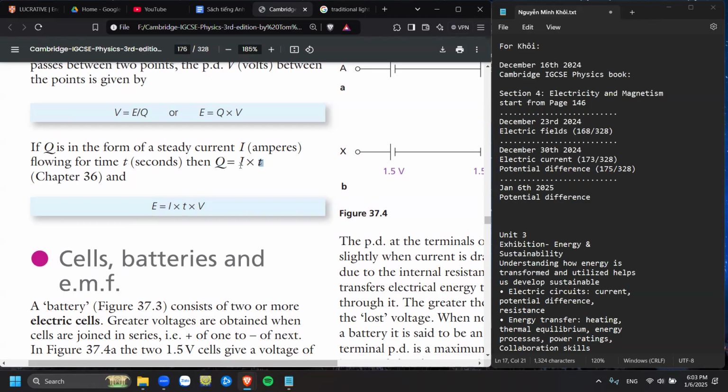So you have Q equal to I times t. So you can replace Q here, and you have E equal to I times t times V. It's just playing around with the formula. Please write them down, otherwise you forget again.